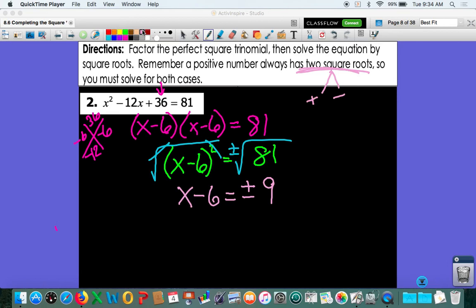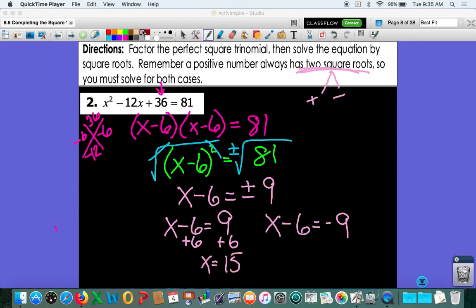So, going from here, now I can split my problem apart. I can have x minus 6 equals positive 9, or x minus 6 equals negative 9. Well, how do I solve this? Well, obvious inverse operations, so add 6. So x equals 15, and add 6.